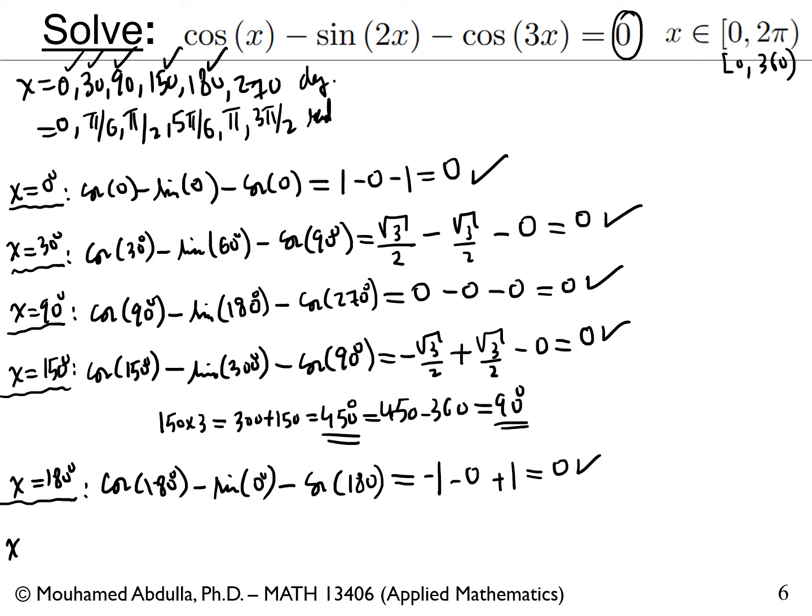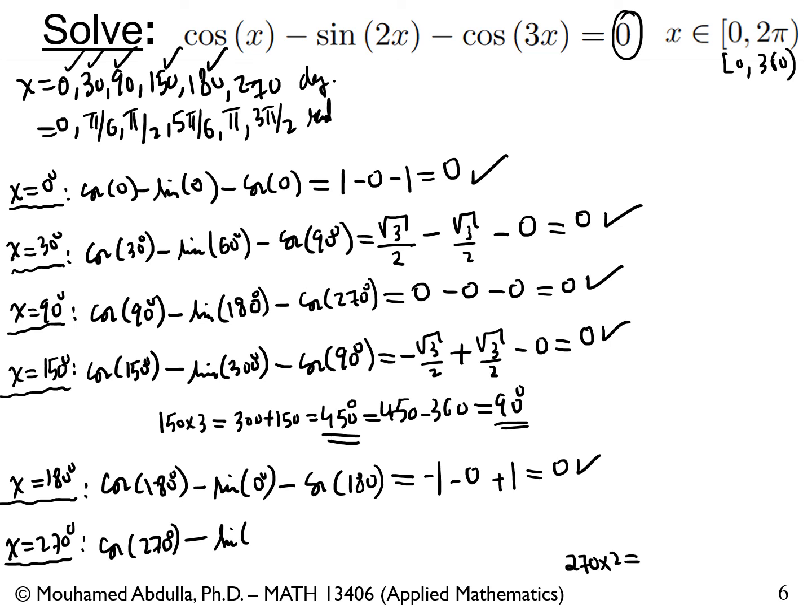So now finally, let's do the last result, 270 degrees. Here we have cosine of 270 degrees minus sine of 2 times the angle. Let me just write it here. 270 times 2. What is 270 times 2?